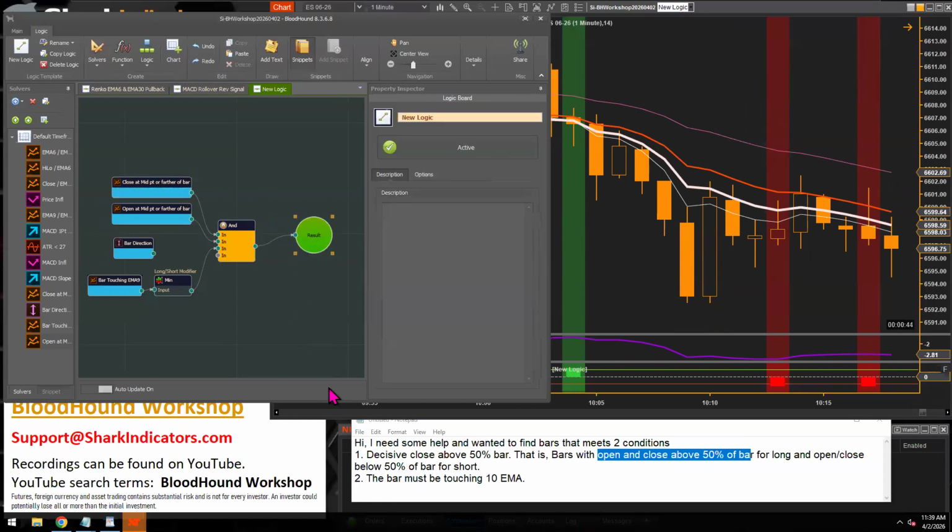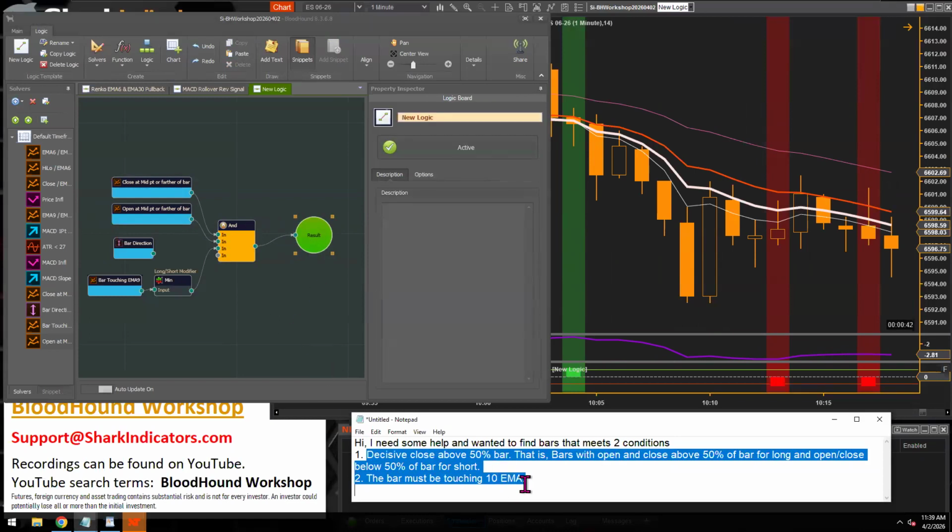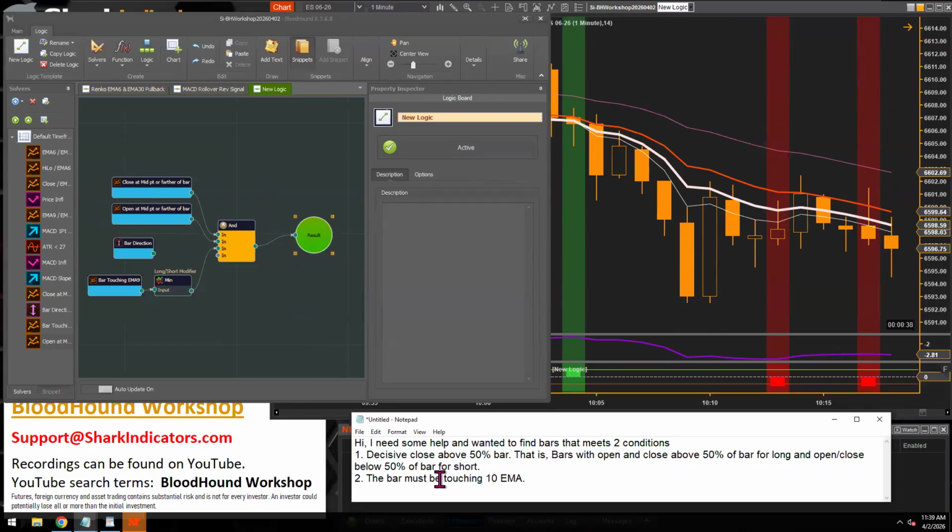So if this is a kind of non-directional condition here, which it kind of looks like it is because we want to know when the bar is touching it. And of course, if the open and close is on one side of the bar or the other, it isn't really common for determining the direction of a trade or something like that.